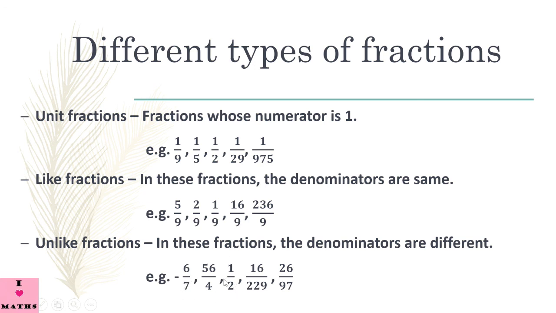In the fraction 1 upon 2, one whole has been divided into 2 equal parts. Same way, children, in all these fractions, the denominators are different. So these fractions are called unlike fractions.